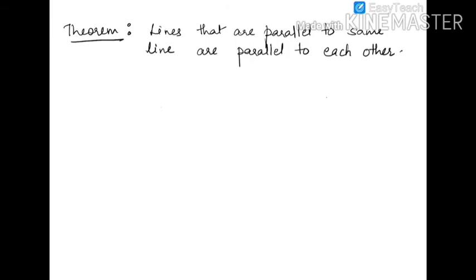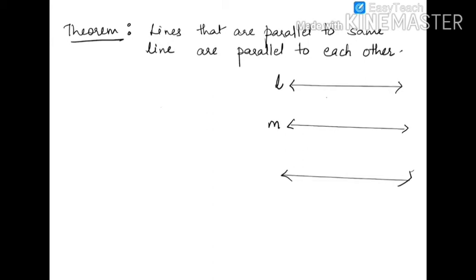Draw three lines such that line L is parallel to M and M is parallel to N. We have to prove that L is parallel to N. Lines L and N are parallel to M. So we have to prove that L and N are also parallel.